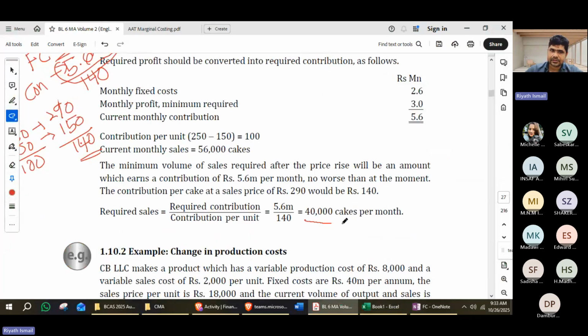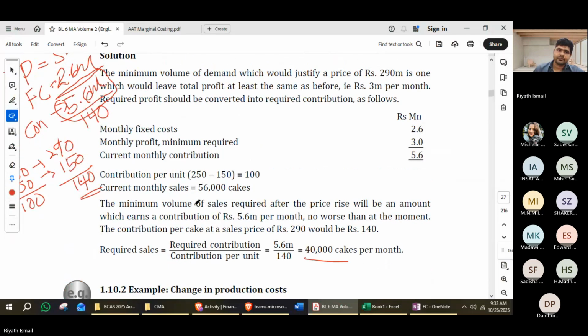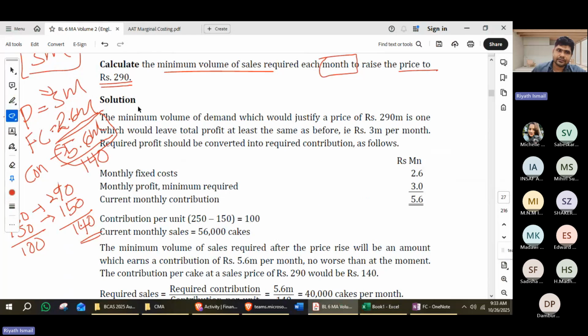Okay, yes. When we divide this 5.6 million by 140, we will get 40,000. So at that point they can earn 3 million monthly profit.